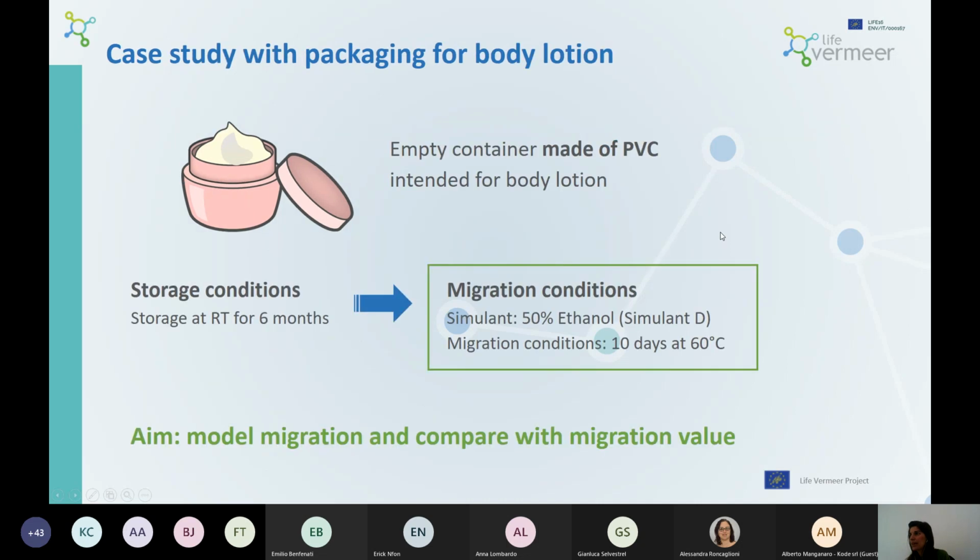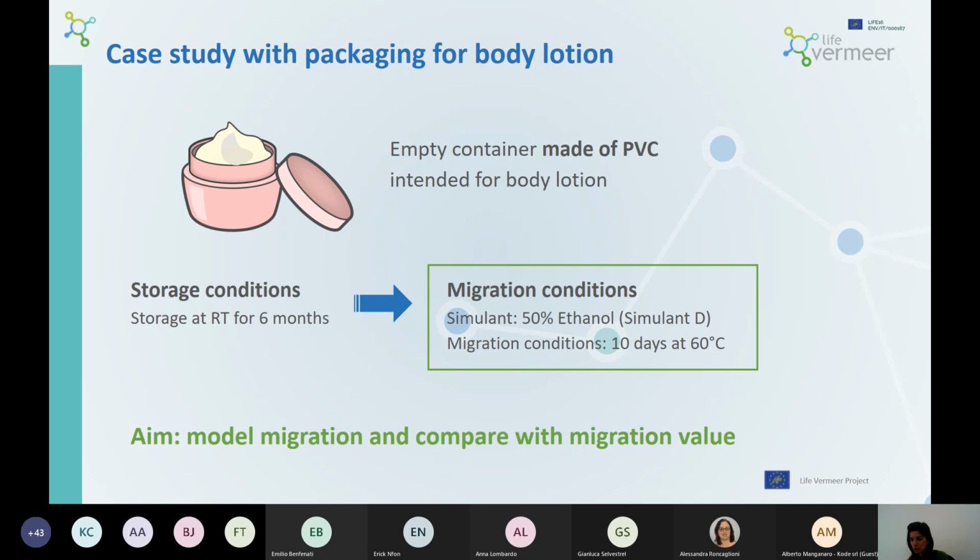For this reason, we also performed a case study with a packaging for body lotion. Our material was in this case an empty container made out of PVC, intended for body lotion. The storage conditions are that the product is intended to be stored at room temperature for about 6 months.